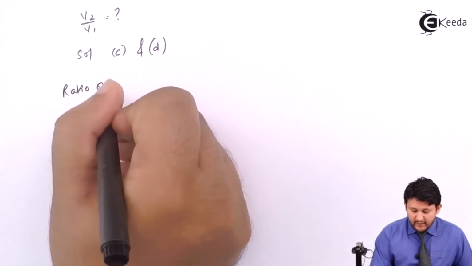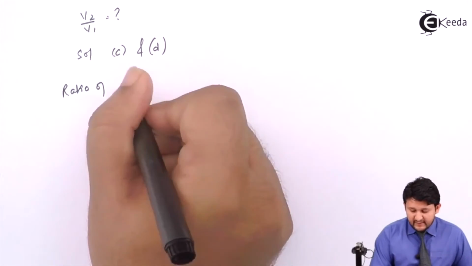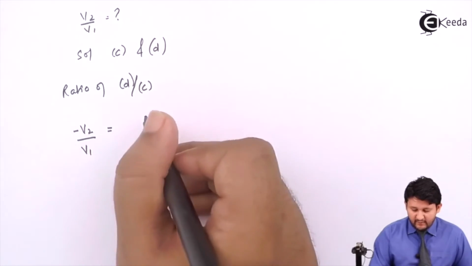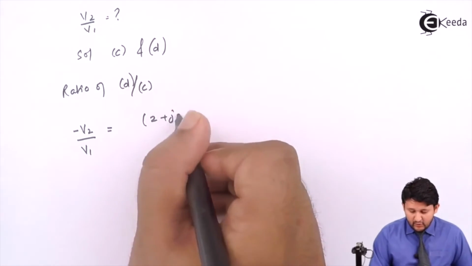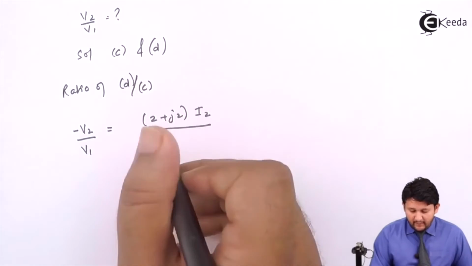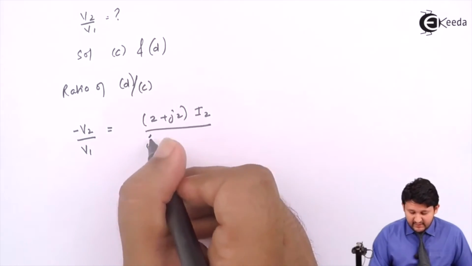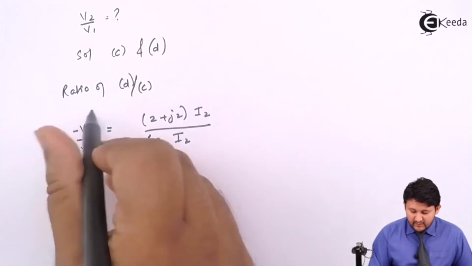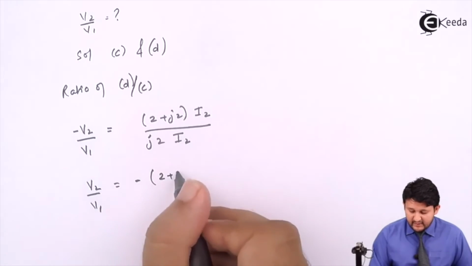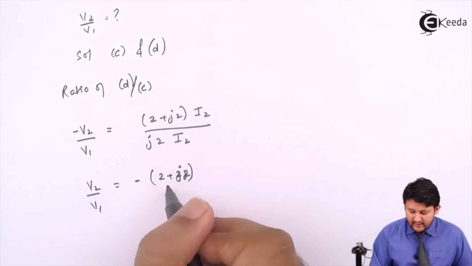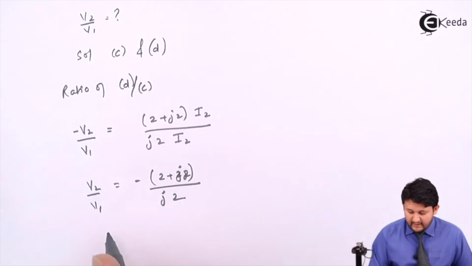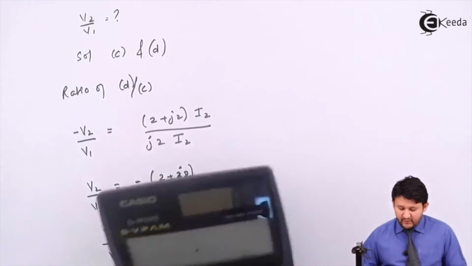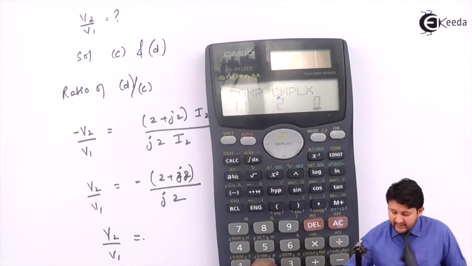So the ratio of D with respect to C, you get minus V2 upon V1 equal to 2 plus j2 I2 upon 2j I2. Your I2 terms will get cancelled, so you can shift the minus sign over here: V2 upon V1 is minus 2 plus j2 whole upon j2. You just need to put your calculator in complex mode.